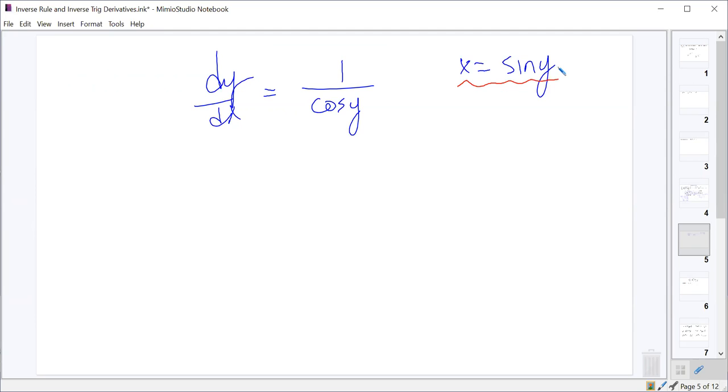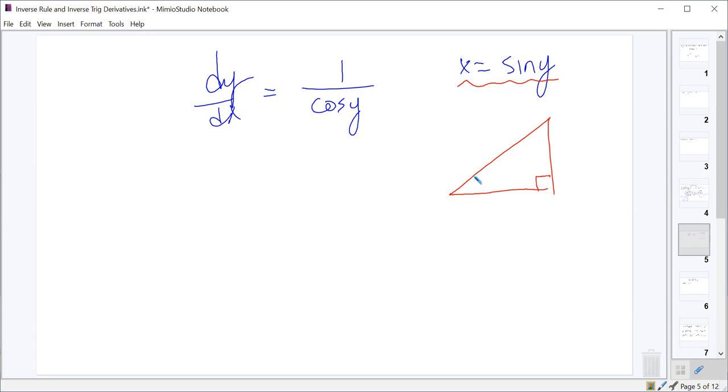Tell me about this x equals sine y. How do you usually deal with trig functions like sine of an angle? Where do you usually see those? Or where did you first in your life see them? Triangles? Triangles, specifically right triangles? Yeah.